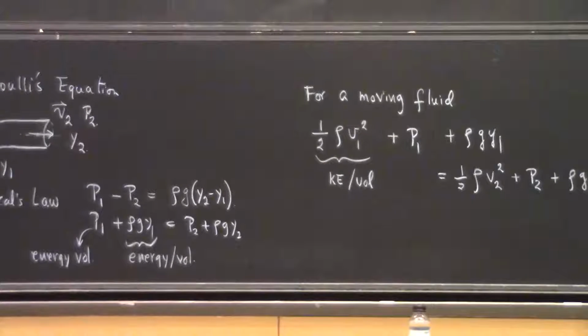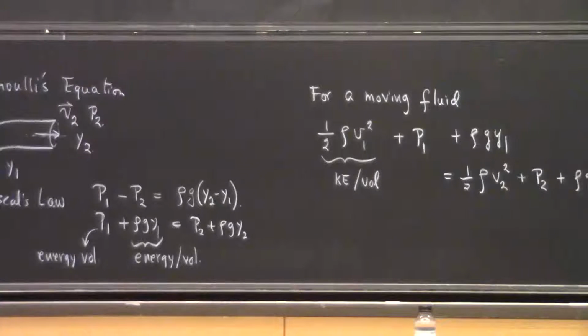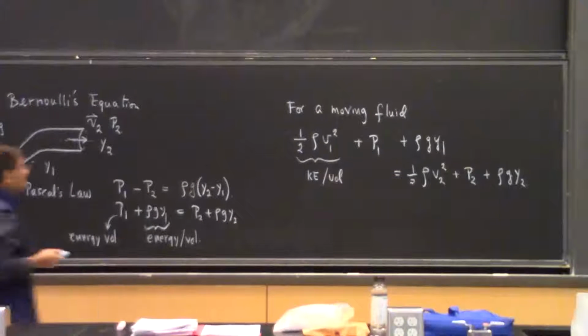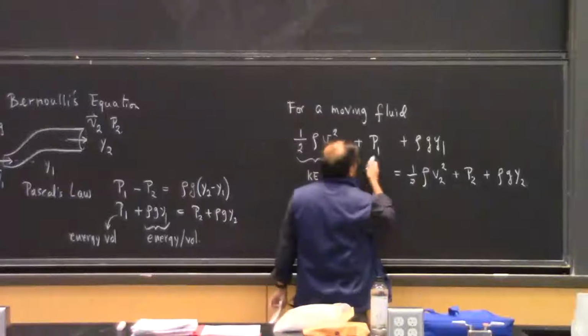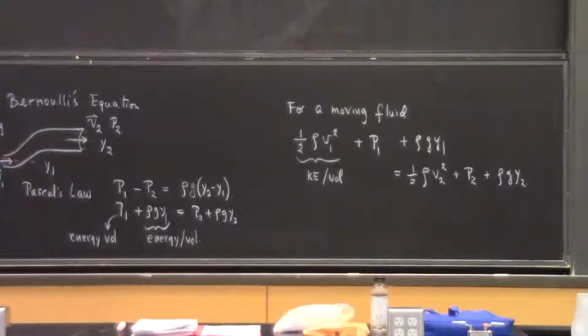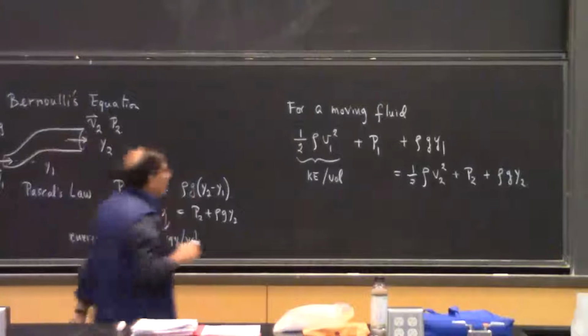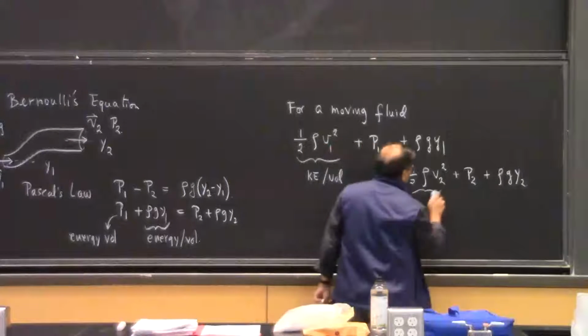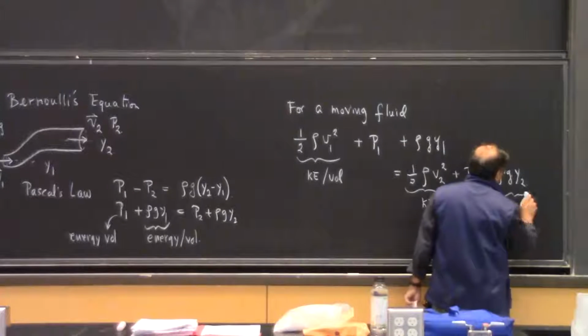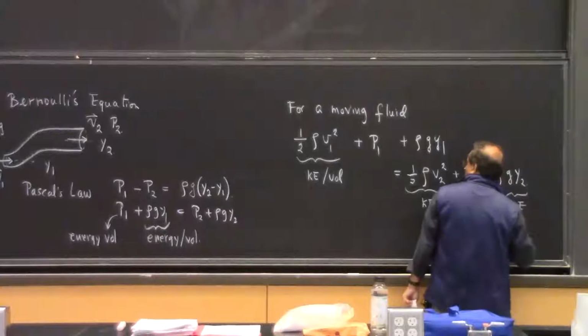So if you look at it, for a moving fluid, that is nothing but a very old friend. That's your energy conservation equation, because it is telling you that the kinetic energy before plus the pressure, which is a newbie, plus the potential energy, the whole thing divided by volume. So kinetic energy by volume, pressure plus potential energy by volume initially is equal to kinetic energy by volume later, plus pressure, whatever the pressure is, plus potential energy over volume.